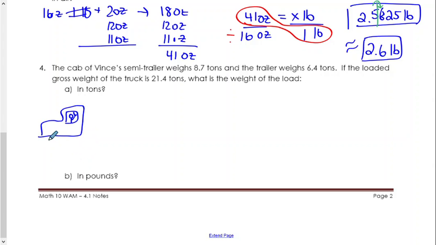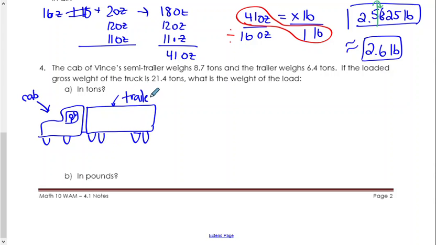Hi. Okay. So here is my cab. So my trailer, let's just attach it there. Don't want a rogue trailer. Is this part. So here is my trailer. And inside of the trailer, I have what I am carrying, my load, or what Vince is carrying.